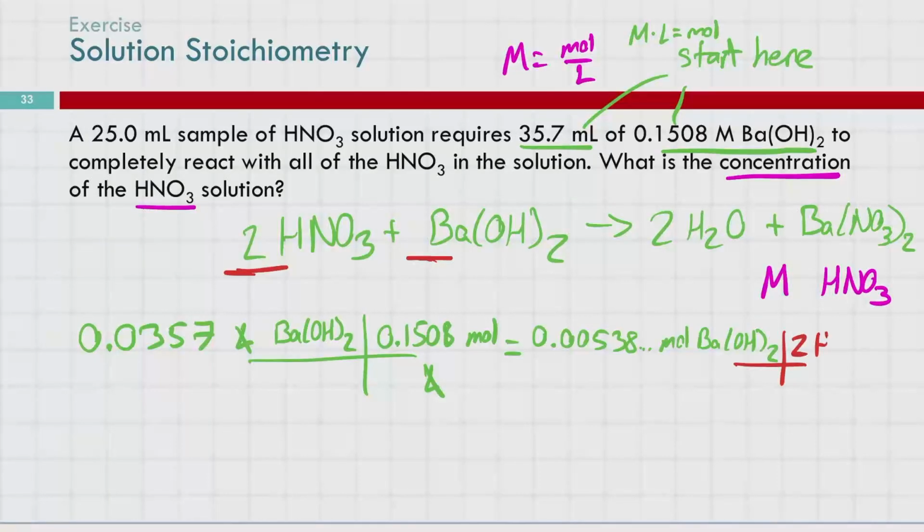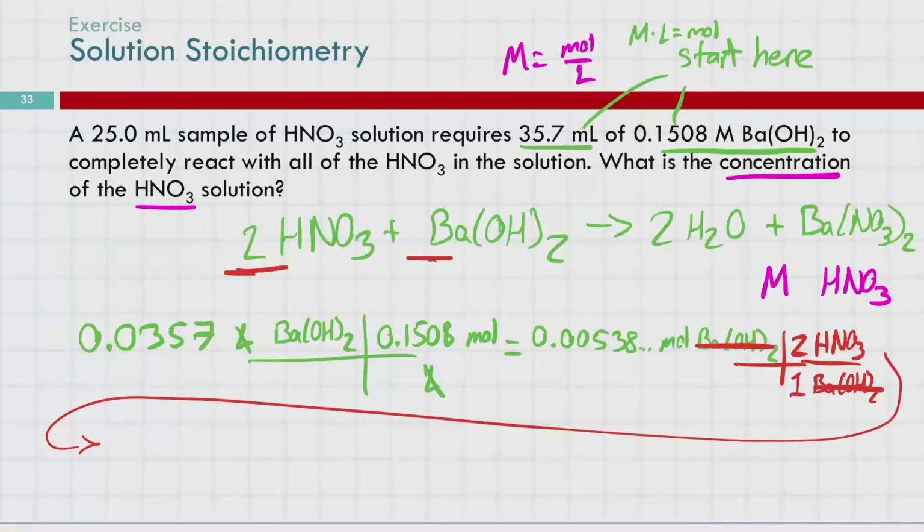We're going to nitric acid, so 2 HNO3 on top, and the 1 Ba(OH)2 on the bottom. This cancels the chemicals. So times 2. This is the number of moles of HNO3 that we have.